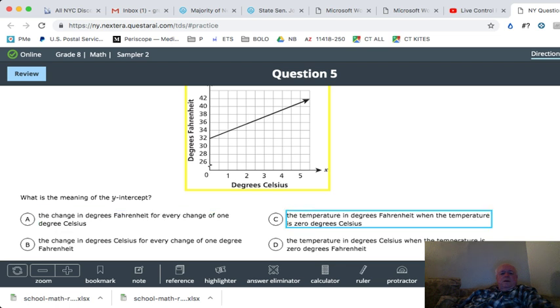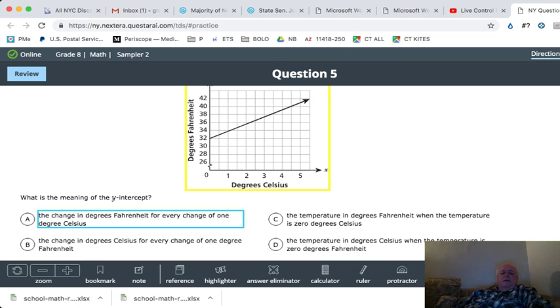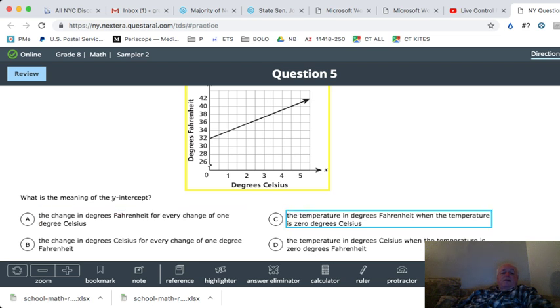So it's not B. Okay, C. The temperature in degrees Fahrenheit when the temperature is 0 degrees Celsius. Yes, that's exactly what the y-intercept is, because it's 0, 32. It's x, y, so it's Celsius, Fahrenheit. So it's the temperature in Fahrenheit, 32, when the temperature is 0. Okay? So it seems to be C.